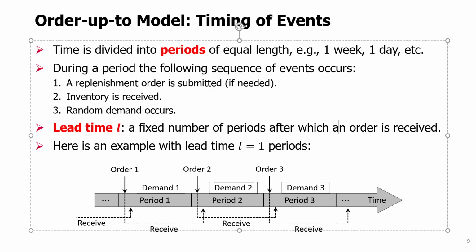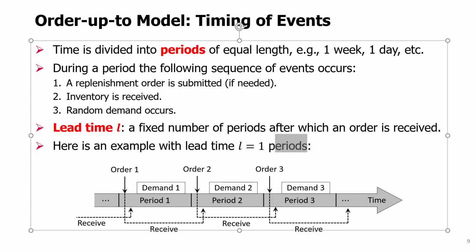Let's say if you work 7 days a week, then lead time 1 week would be actually L equal 7, because it's 7 periods where periods are 1 day. So we have to be careful how we define the period, and then remember that lead time is the number of periods, or a multiple of periods, right? It's measured in the number of periods.